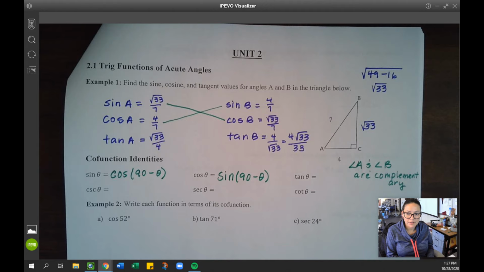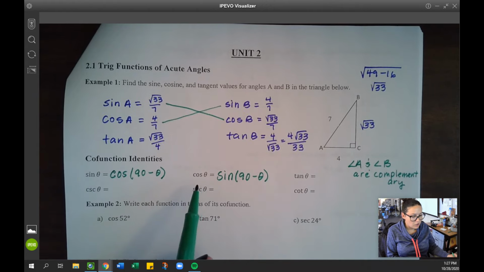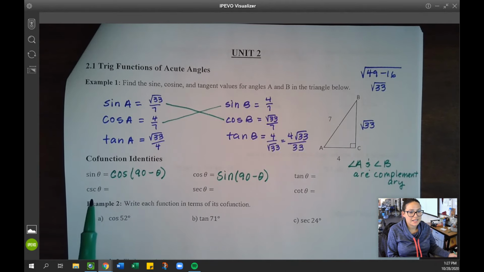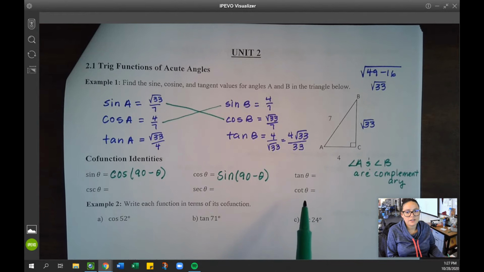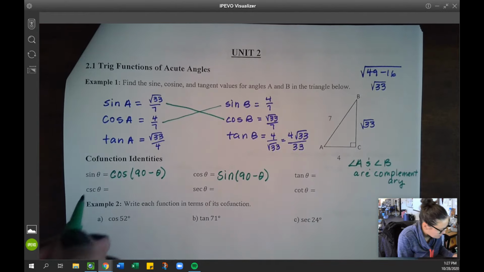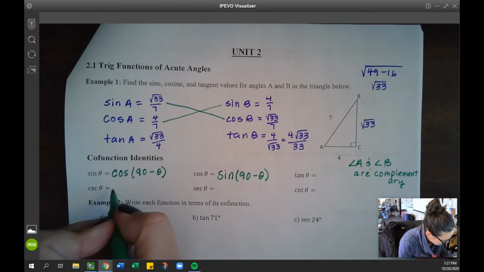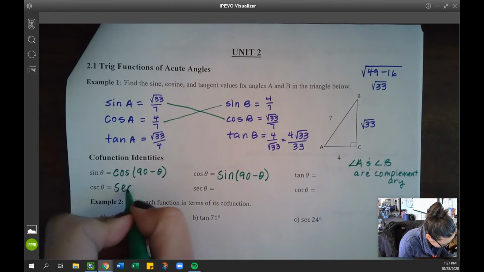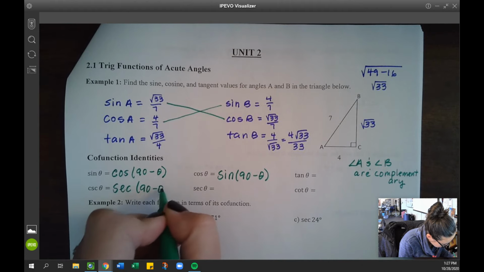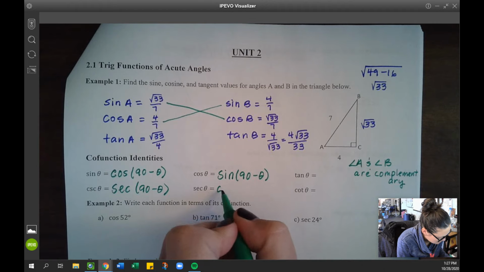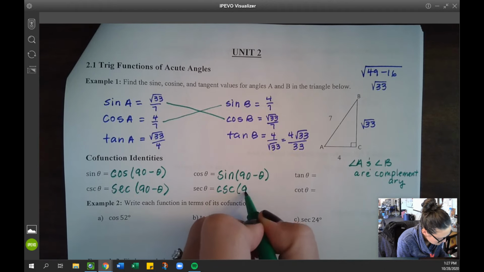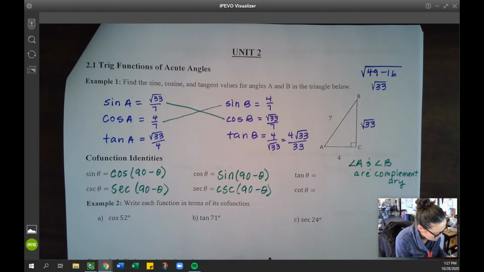Now, what are our other pairs of cofunctions? Well, if sine and cosine go together, that means secant and cosecant go together. Tangent and cotangent go together. So cosecant theta is equal to the secant of 90 minus theta. Secant theta is equal to the cosecant of 90 minus theta.